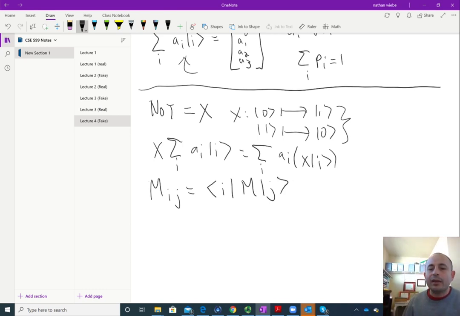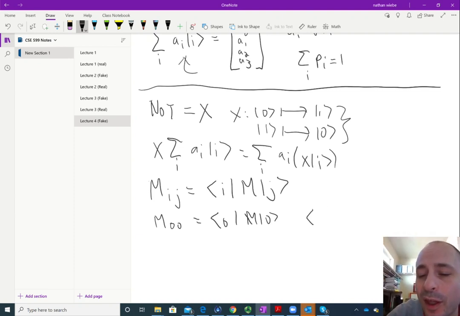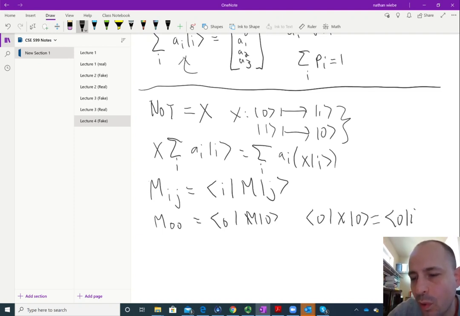Okay, so then, in that case, we can just work out the matrix elements one at a time. M_00 is <0|M|0>, which in this case is the same thing as the inner product between <0| and X|0>, which is <0|1>, which equals 0.